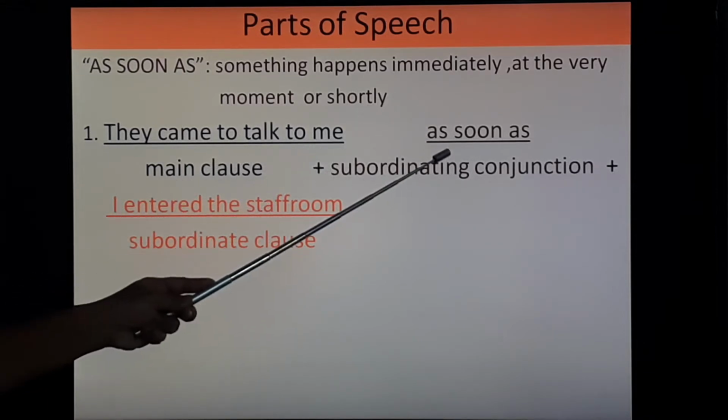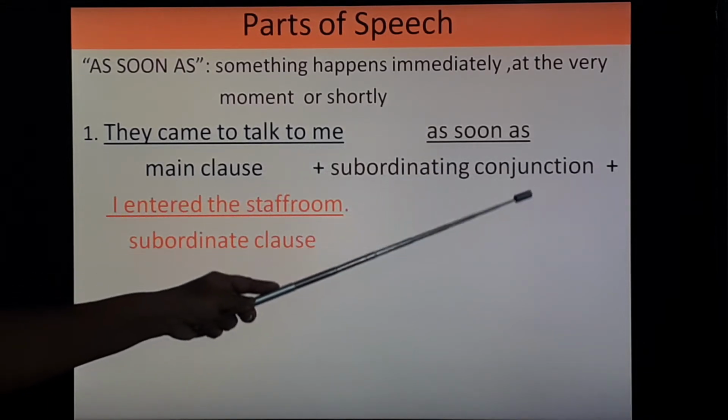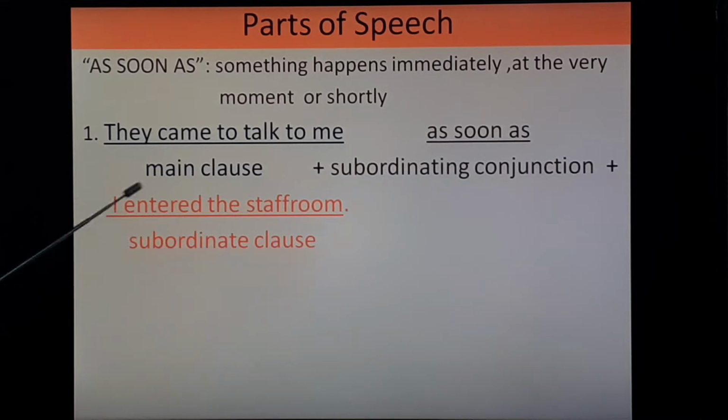Then as soon as, that is the subordinating conjunction, and then I entered the staff room, that is the subordinate clause or you can say dependent clause. Now here I entered the staff room and immediately after that they came to talk to me. That is the meaning of this as soon as.